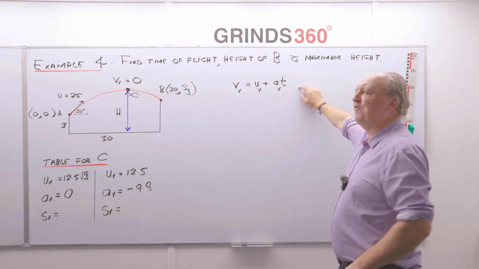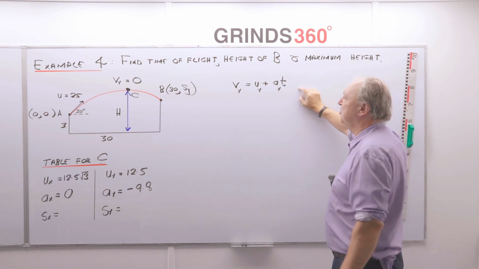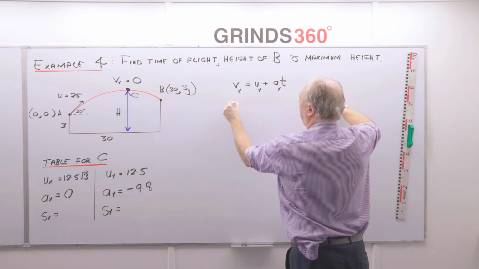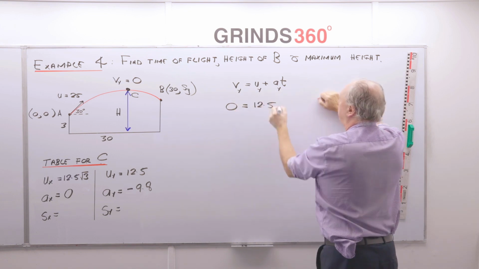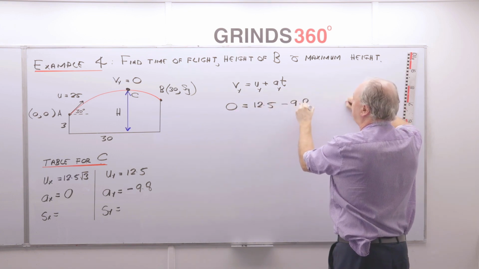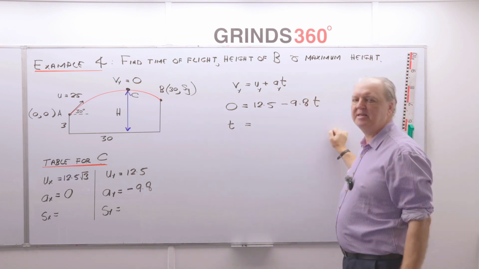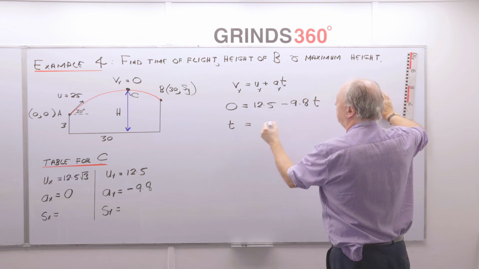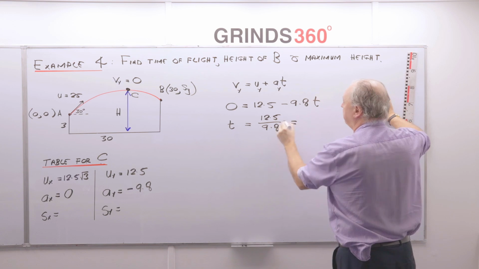Well, I'm going to use this formula to find the time it takes to reach the maximum height. So as we said, at the maximum height, Vy is equal to 0. Uy is 12.5. Ay is minus 9.8. T is what I'm finding, the time it takes to reach the maximum height. So that's going to be equal to 12.5 divided by 9.8.